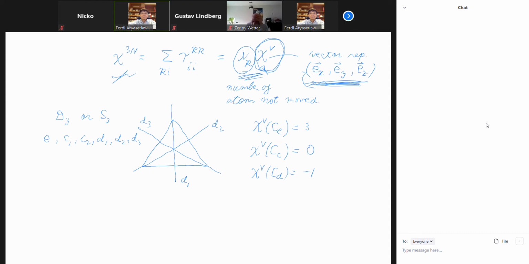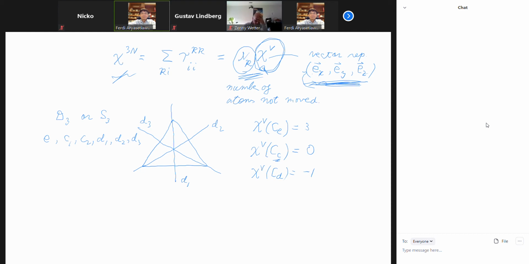So now, if we consider rotations, let's say one of these, let's look at this C rotations. Well, the C rotation obviously rotates the atoms to a different place.